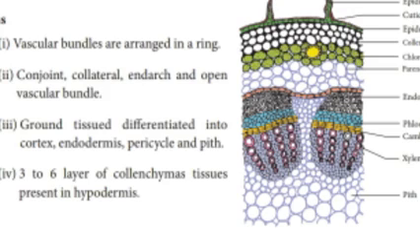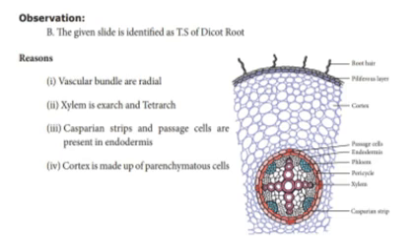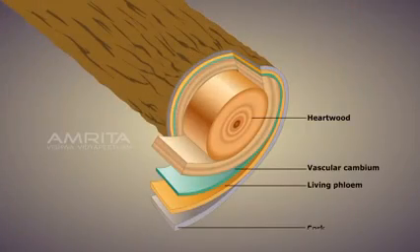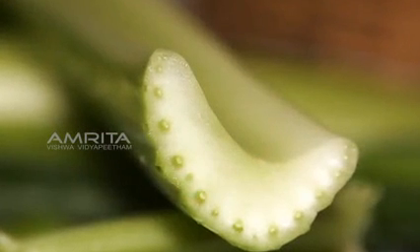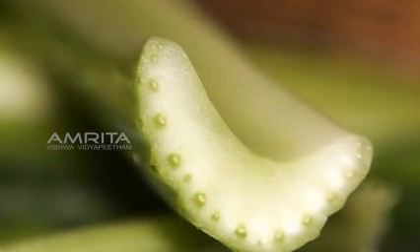Children, question number 3. Anatomy. The stem and root of plants are made up of different types of tissue. These tissues form different layers in the composition of stem and root. So, the study of the internal structure of stem and root, in particular monocot root and dicot root, monocot stem and dicot stem. It is essential to get familiarized with the sectioning and staining techniques used with plant material.